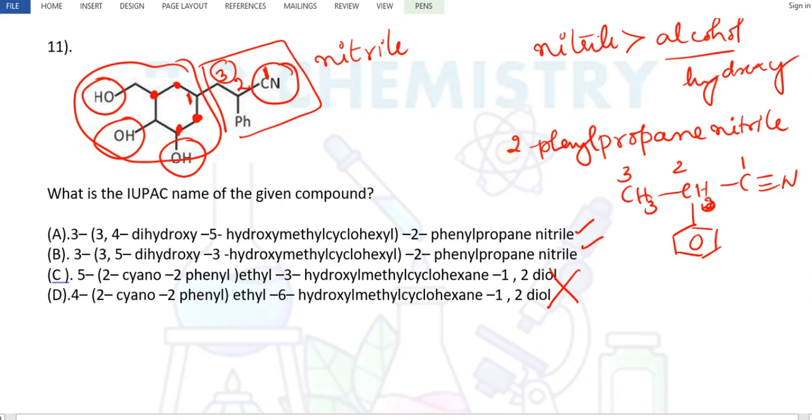So in this one, carbon number 1, 2, 3, OH is directly attached on carbon number 3. Then carbon number 4, carbon number 5. This entire structure is what? Cyclohexane. Cyclohexane becomes cyclohexyl. Cyclohexyl is there in both cases. And this cyclohexyl group is attached to carbon number 3. So the third carbon is also attached.